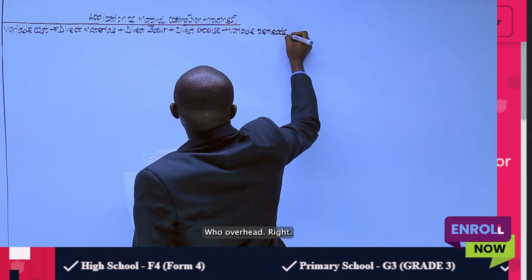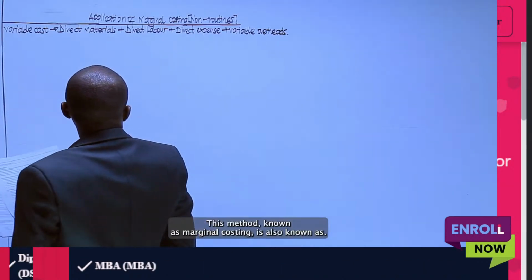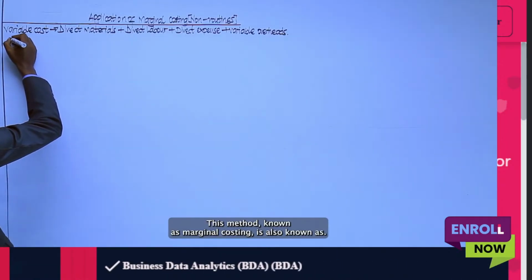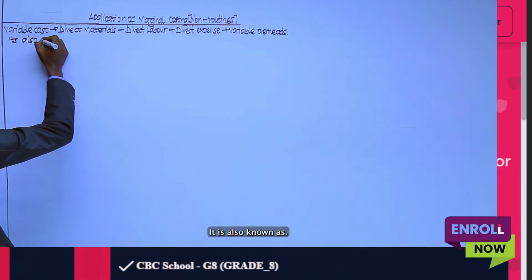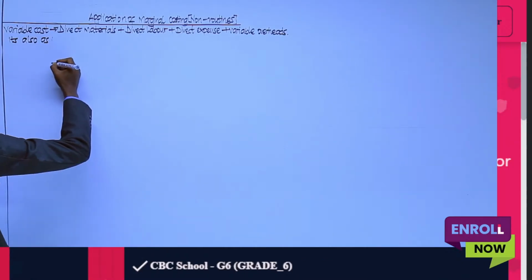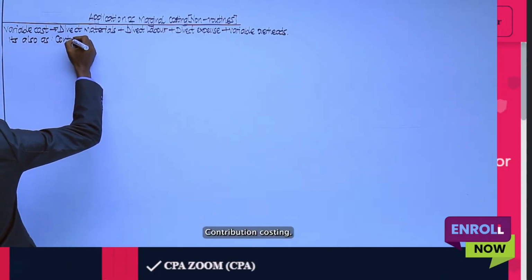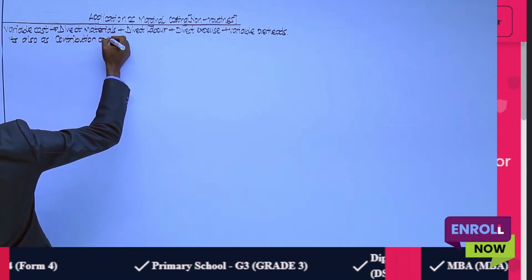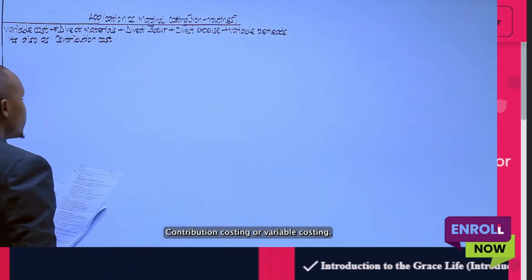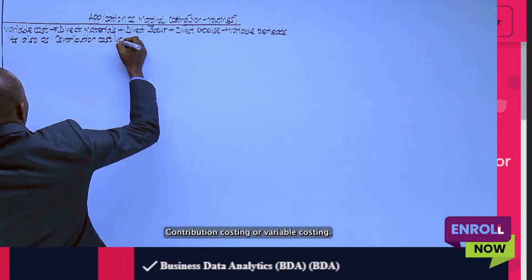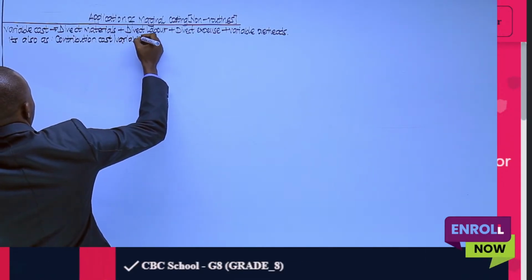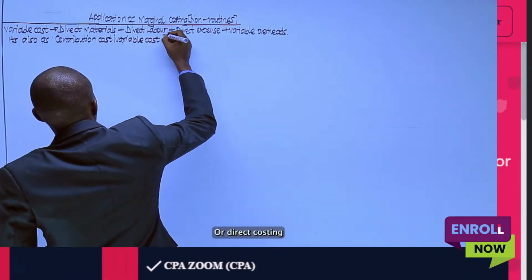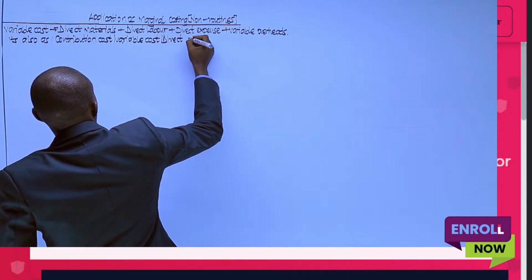This method, known as marginal costing, is also known as contribution costing, or variable costing, or direct costing.